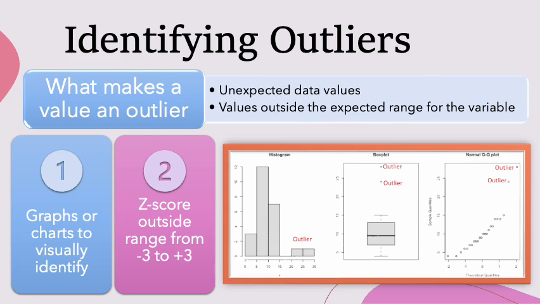A general rule to use is that if the z-score for a data set is outside of the range from -3 to +3, then the data point is an outlier because we would expect 99.8% of all data values to fall between a z-score of -3 to +3.